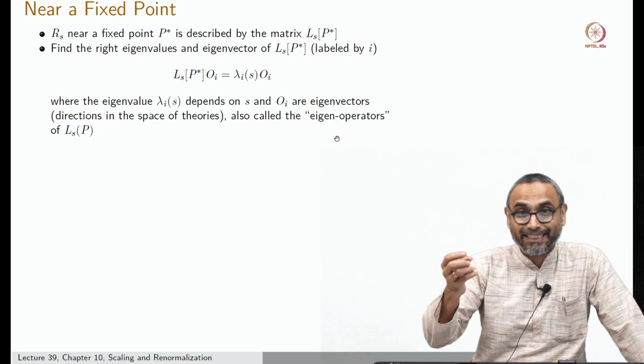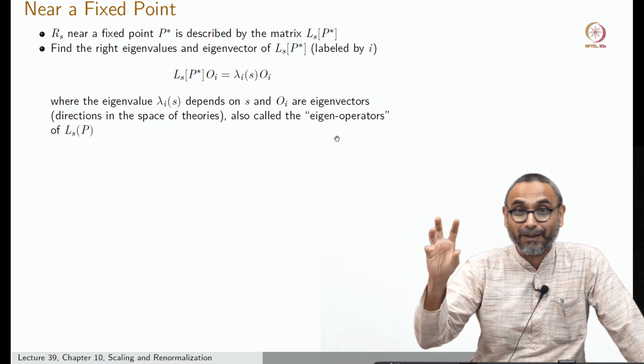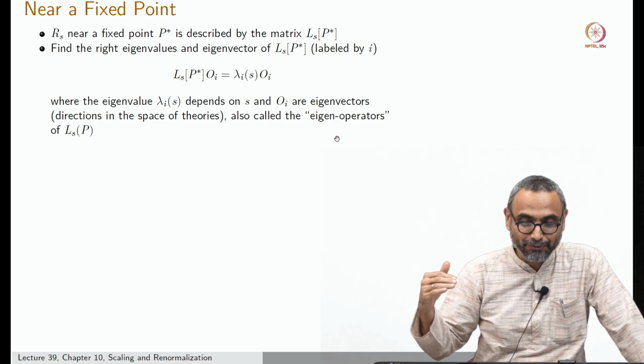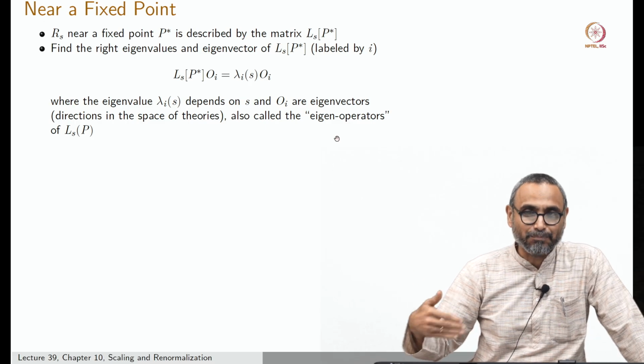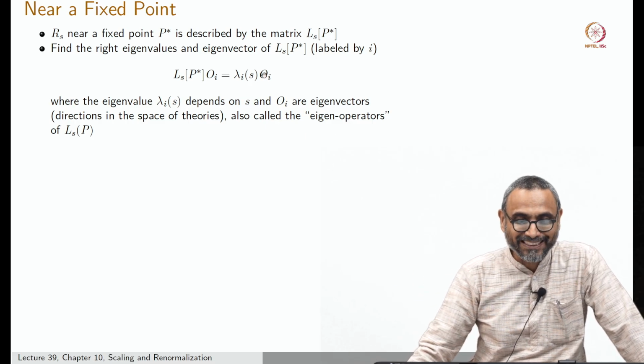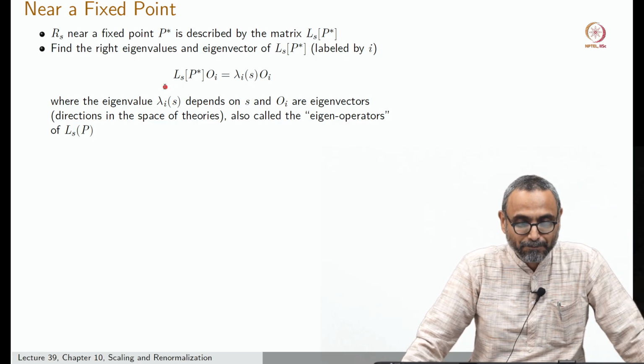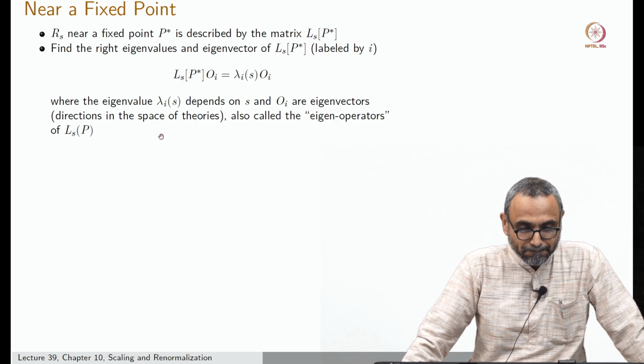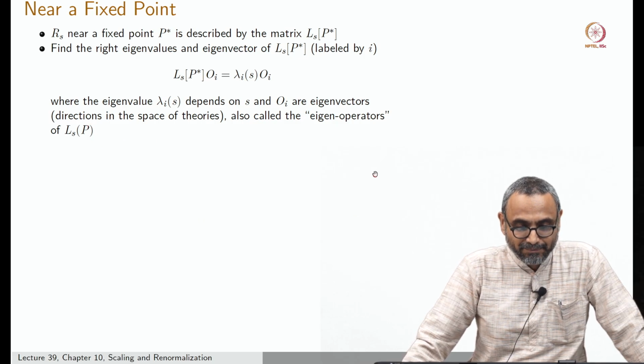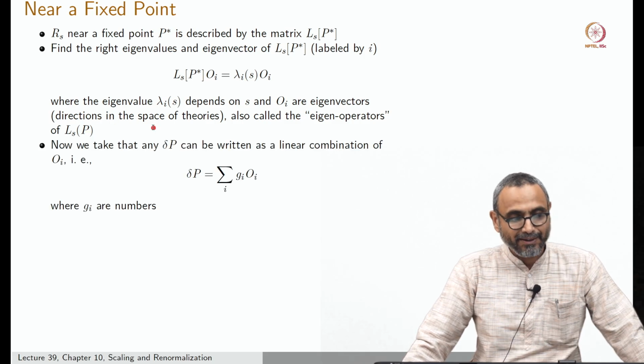This comes from the fact that they're the coefficients multiplying del square phi and all of that stuff. So the language that people have come to use is that they're also called the eigen-operators of this Ls. There is another typo here. This is Ls of P star. These are eigen-operators of Ls of P star.